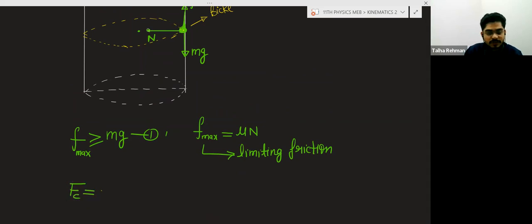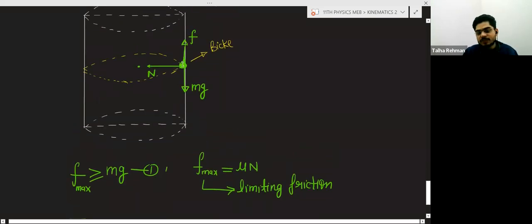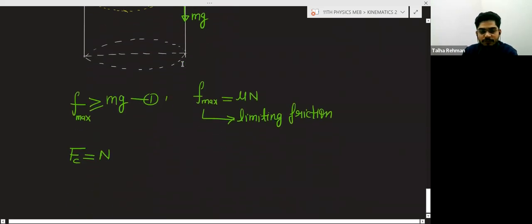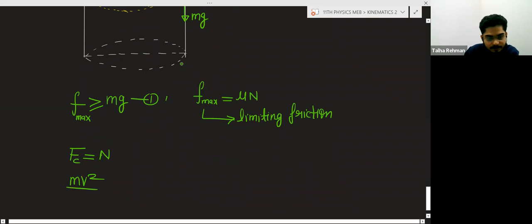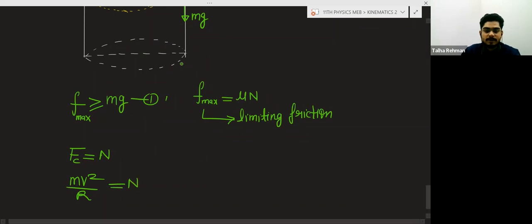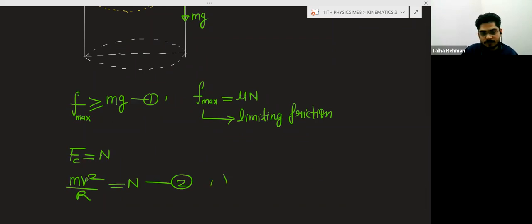So I am supposing this mass is moving with a speed of v. So centripetal force you can write mv square by r, where r is the radius in which the mass is moving, and this is equal to the normal reaction N. This is equation number two. Basically, this speed we have to find.